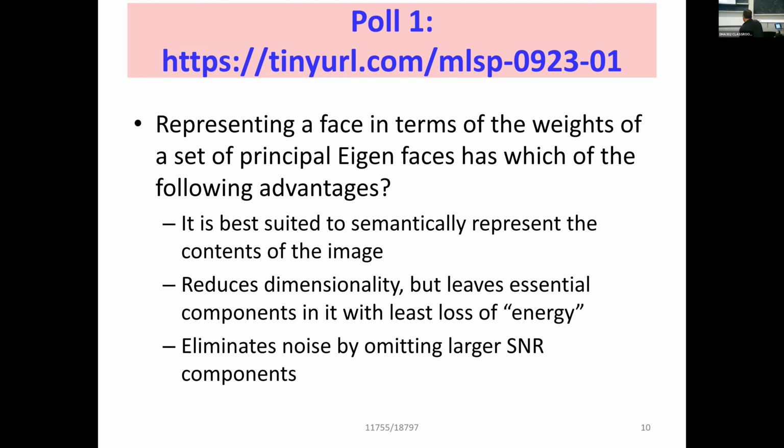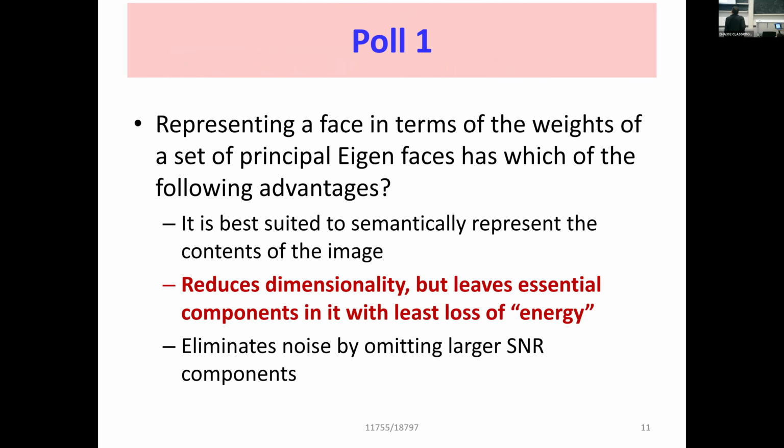Option 2. So which of these 3 is the most correct? Just option 2, right? Representing a face in terms of the weights of our eigenfaces only has the ability to reduce dimensionality, but leaves the essential components in it with the least loss of energy.